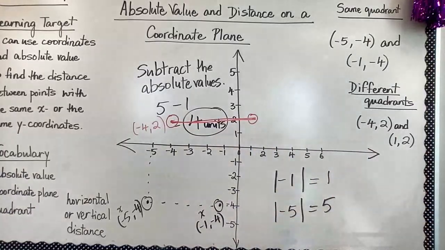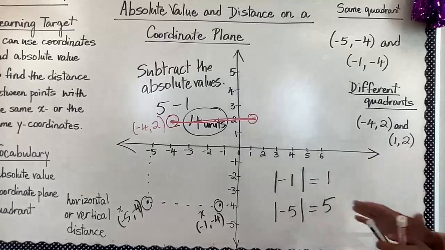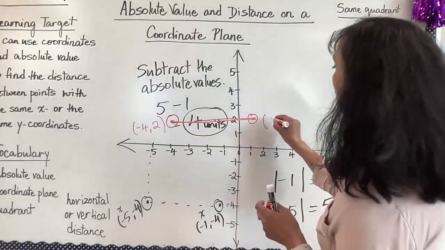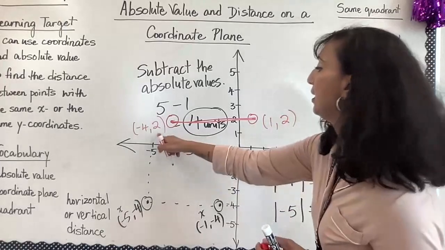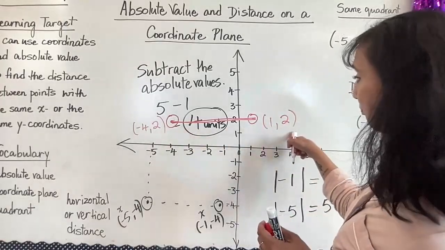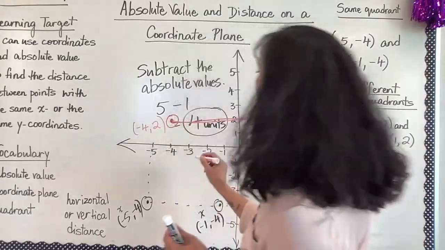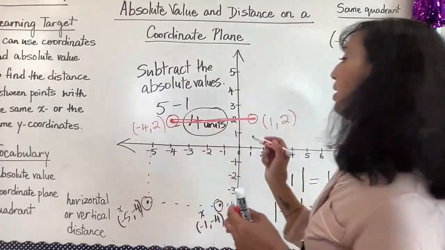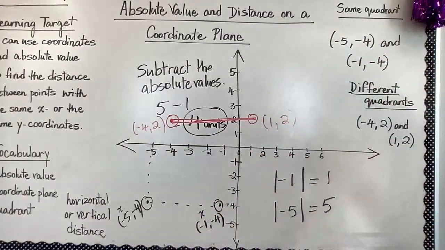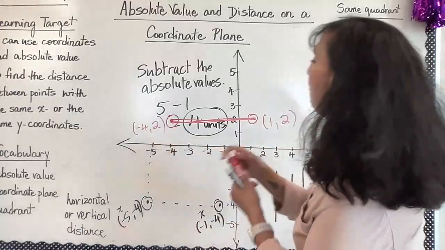All right. So if I'm looking at negative 4, 2 and 1, 2, I can see that the y is the same. I should have plotted this a little bit higher and that's okay. So y is the same but x is different, right? So I'm going to look at the absolute value of negative 4.